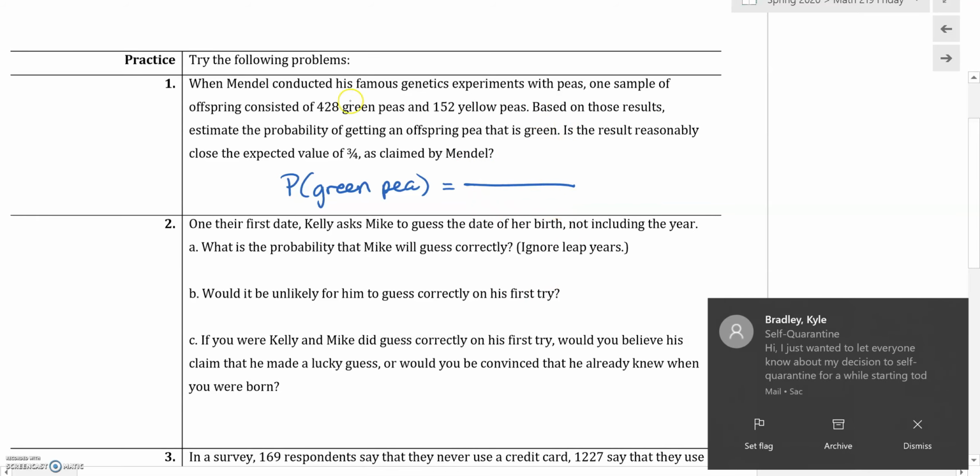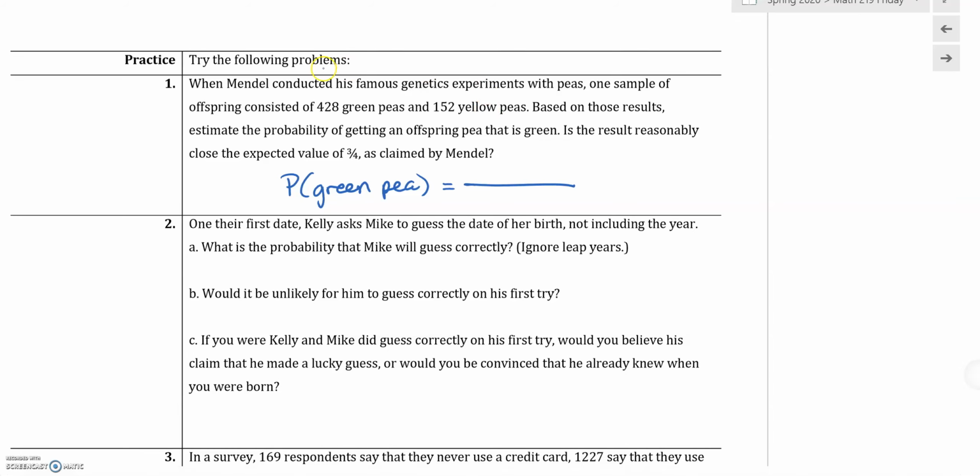But let's see. Of these peas I've got 428 green peas available. And out of the total number of peas I've got 428 plus 152.